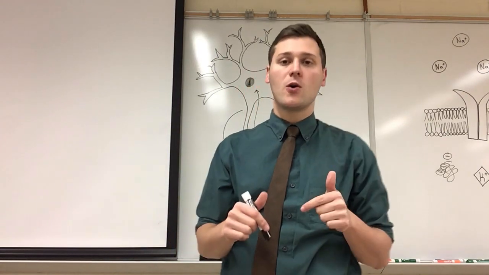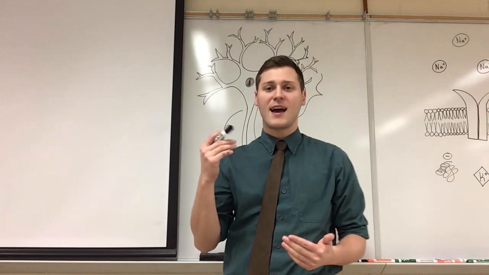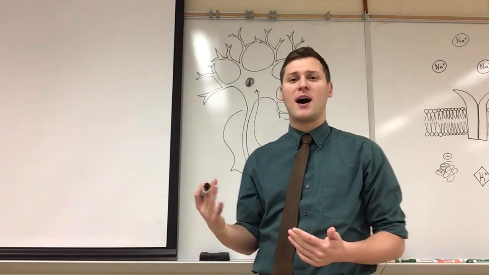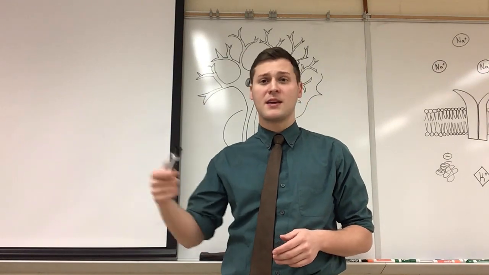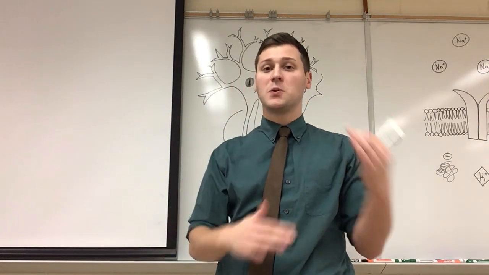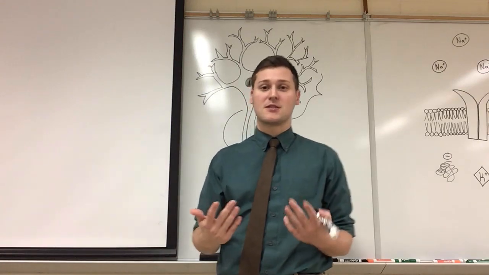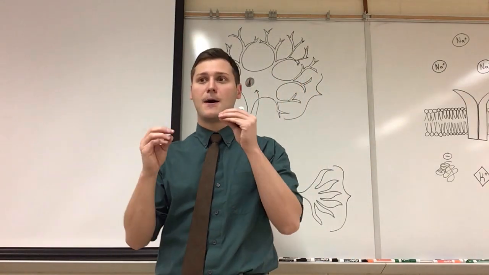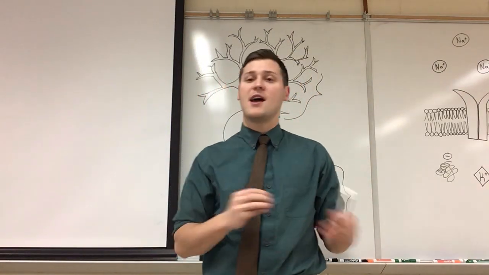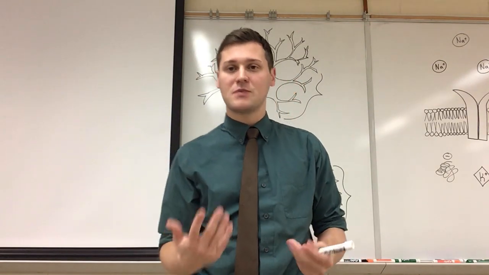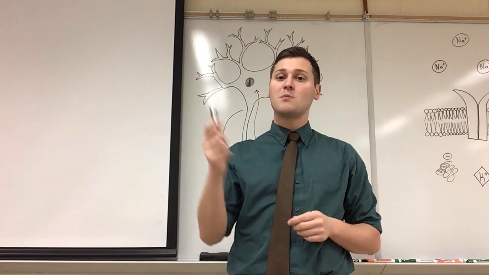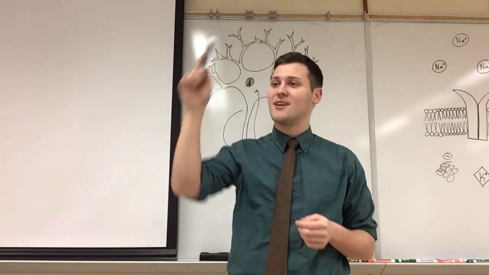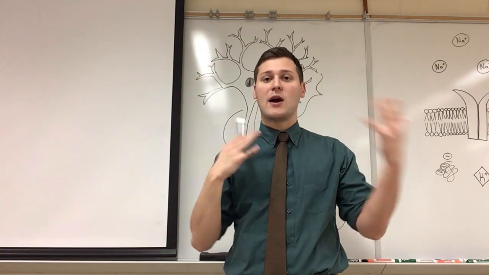So in this video, I wanted to discuss something that I've seen show up on past AP exams, and I've seen AP exam questions that deal with this, and that's action potentials. Now, action potentials have to do with neurons, and neurons make up our nervous system, so it allows us to feel things, allows us to think things, and ultimately neurons are these cells that conduct electrical impulses throughout our body.